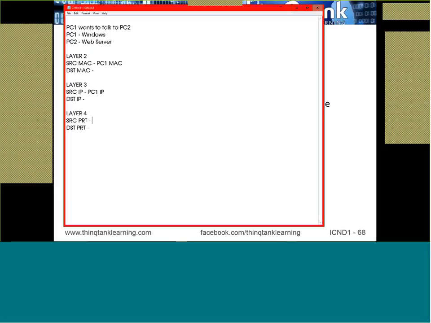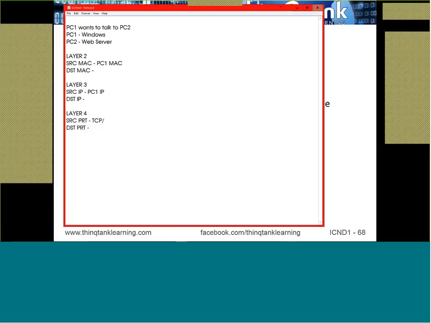Well, I'm going to tell you the answer is yes, because it's a randomly generated port that I generate myself. It's called an ephemeral port. So we'll just call that TCP 3161. That would be a port that I would just randomly generate on my own.